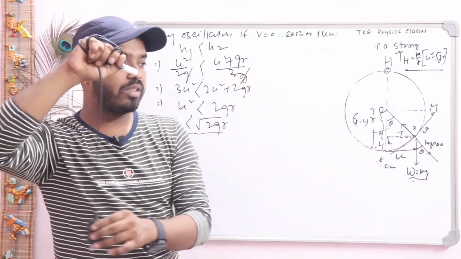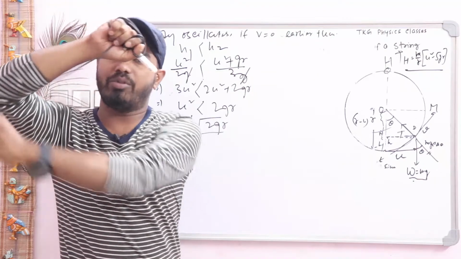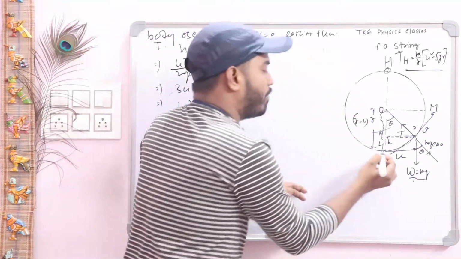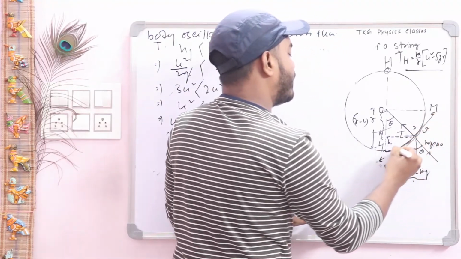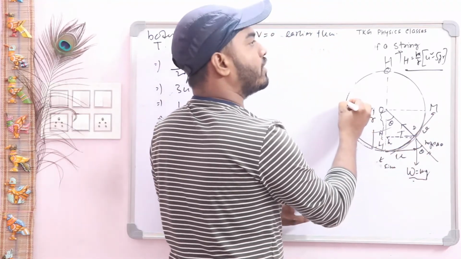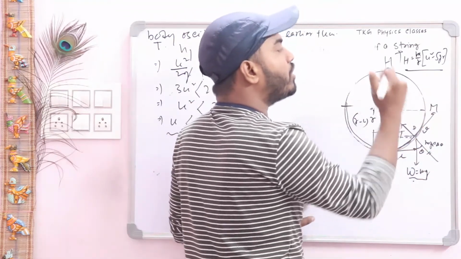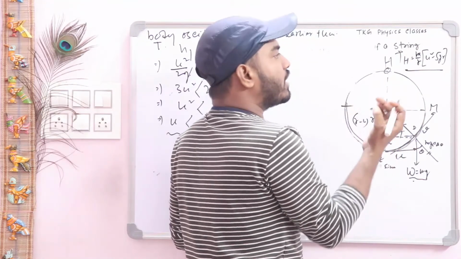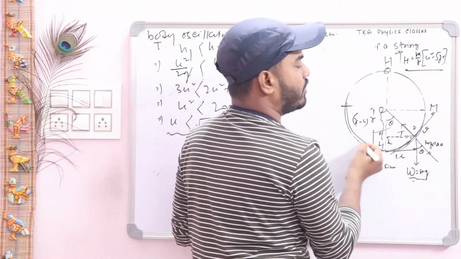So the body oscillates up to this point, semicircle, and here up to this point. The body oscillates like this one, completes this path. Here up to this one, then complete up to this one, and this happens, complete semicircle, when u equals root under 2gr, and when u is less than root under 2gr, the body oscillates somewhere here also.